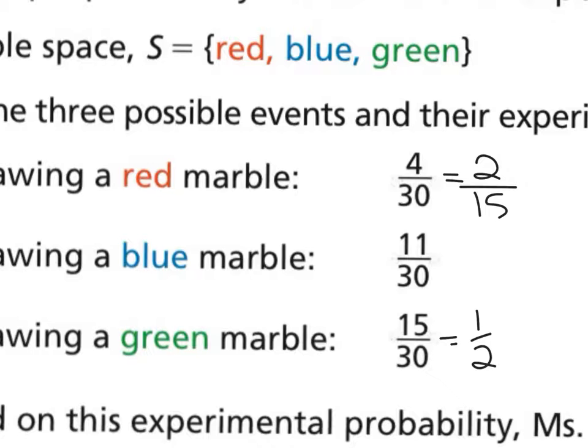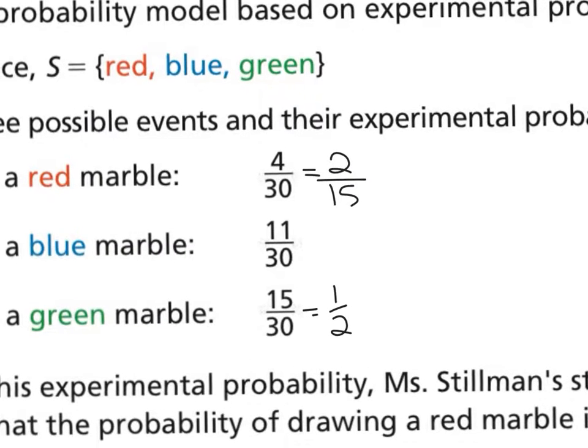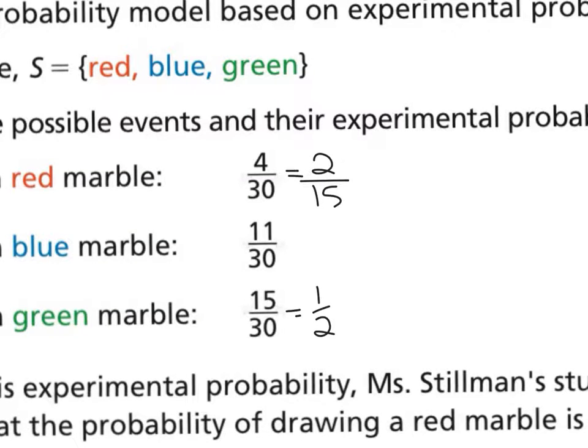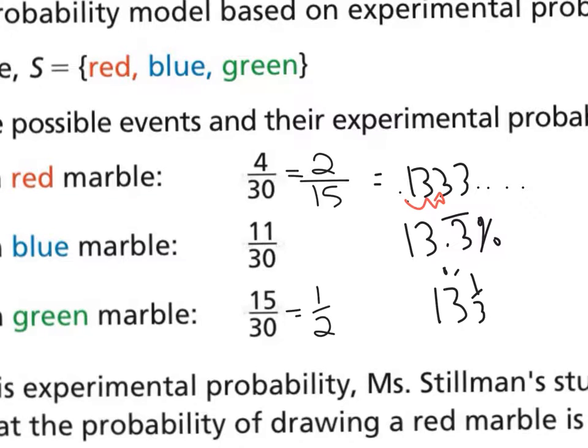So based off of that then for the red marble, we could just figure out that 4/30ths or 2/15ths, if you divide that out, you'll get looks like 0.1 and then a bunch of 3's. Okay, so if we move our decimal 2 spots to the right, that would be like a 13.3 repeating percent, or 13 1/3% chance.